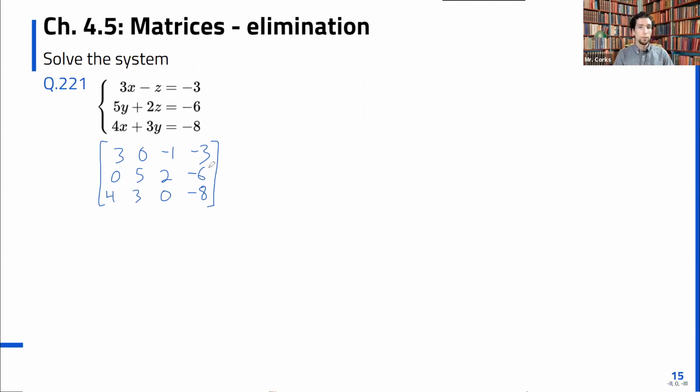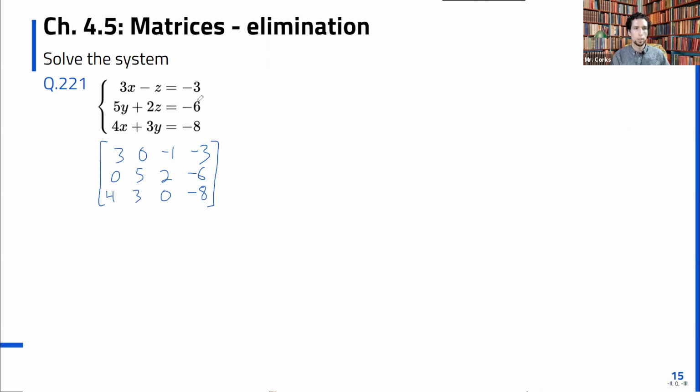So let's say instead of starting with the X, we'll start with the Z position here. So let's treat Z like our first column, and then we'll eliminate the Zs and then work from that. So kind of doing this a little backwards from what I was just telling you, but it is the same process.